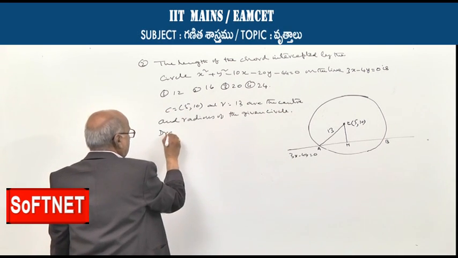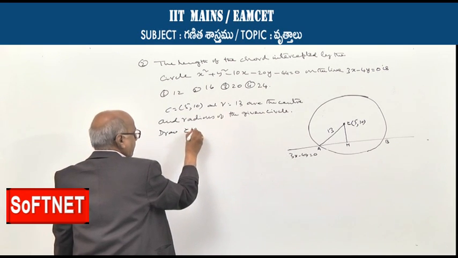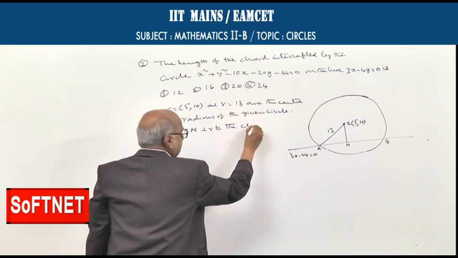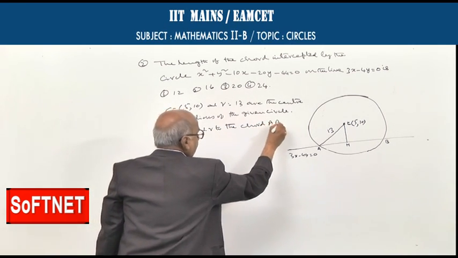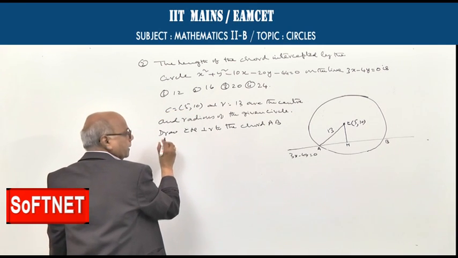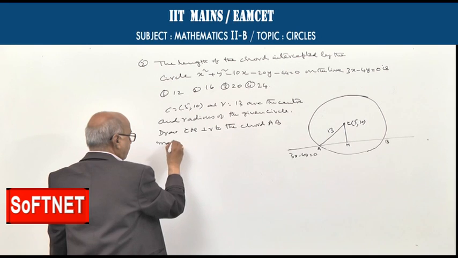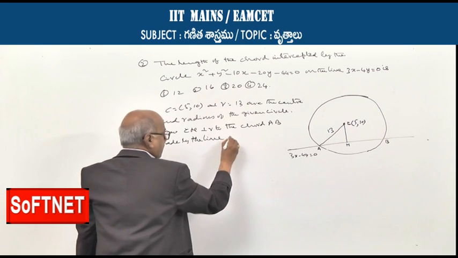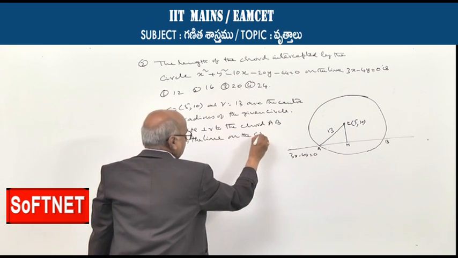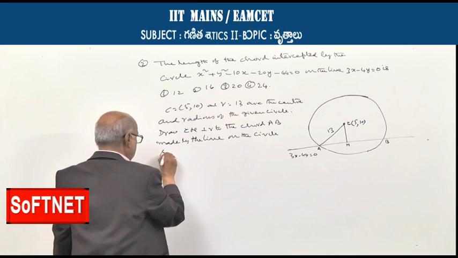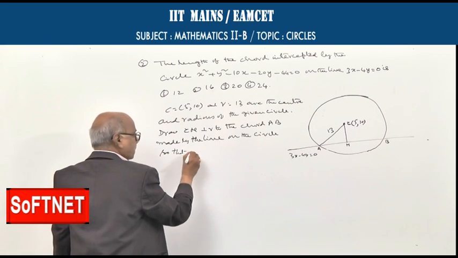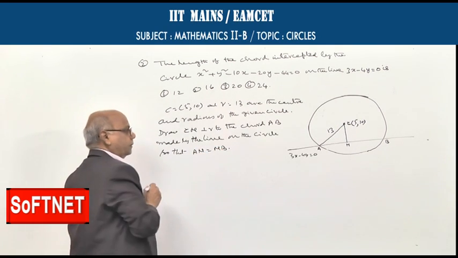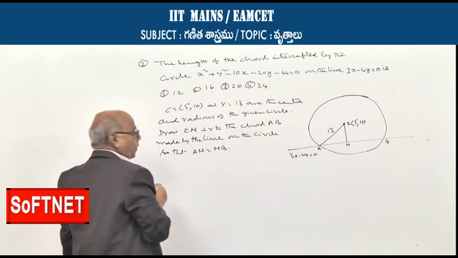Now draw CM perpendicular to the chord AB made by the line on the circle, so that AM is equal to MB.